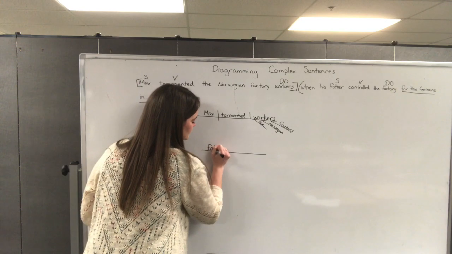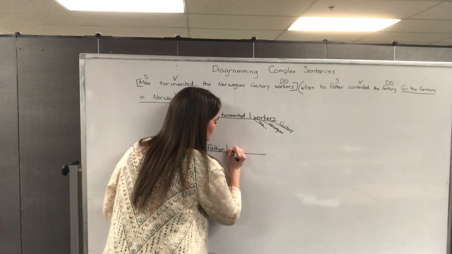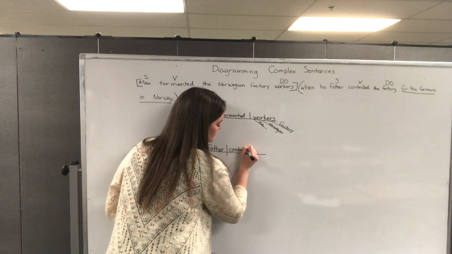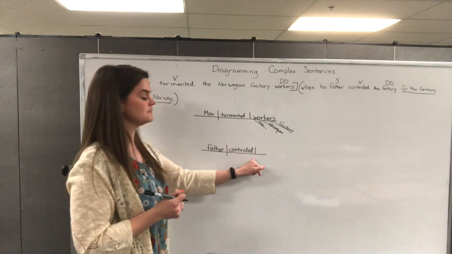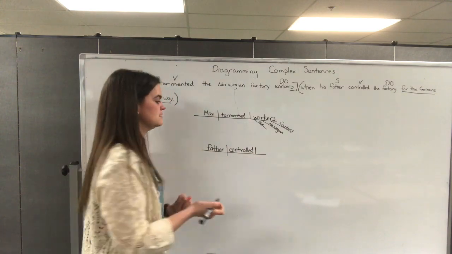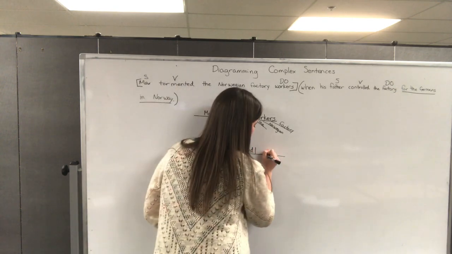Father is our subject. Verb is controlled. Our direct object line is straight up and down and just goes right to our main line. Controlled what? Factory.